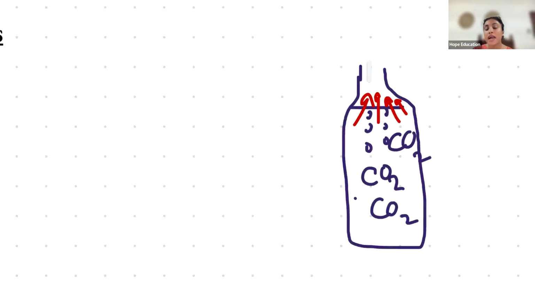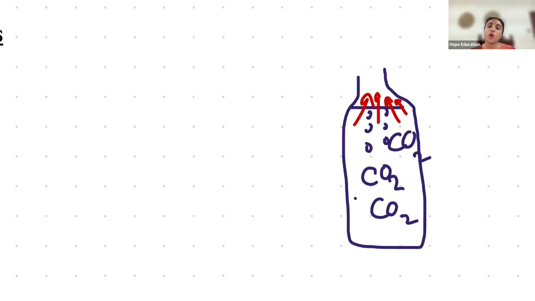When the bottle is left open for a long time, there is no pressure anymore. While the lid is closed, the pressure is good. So if you keep the lid closed, some carbon dioxide will remain in the solution, in the drink. But if you keep the lid open, all the carbon dioxide in the solution will escape to the atmosphere. When the carbon dioxide escapes, the drink will not taste the same.